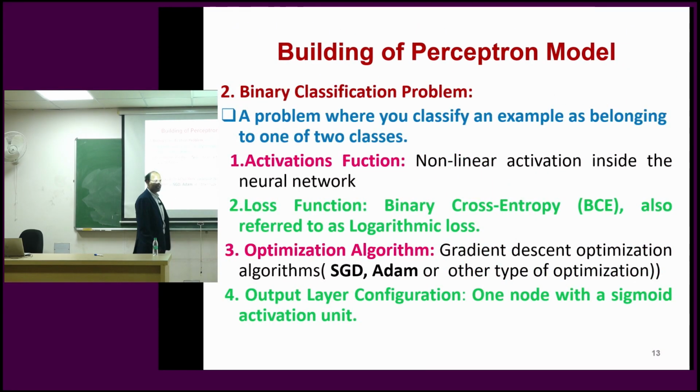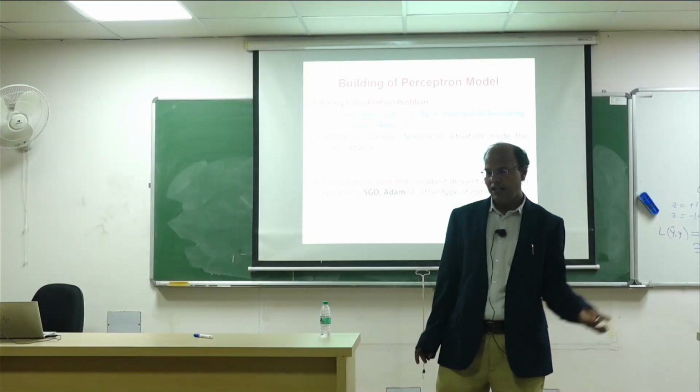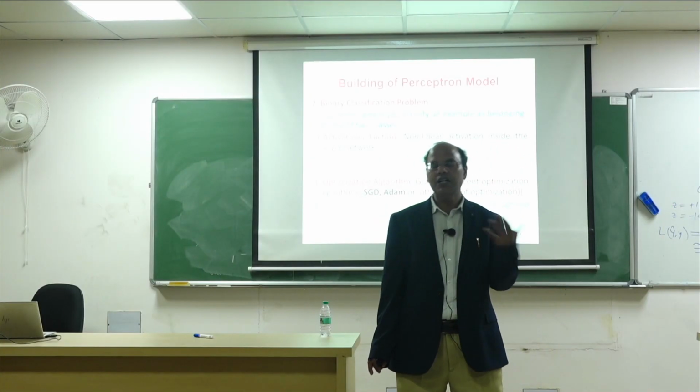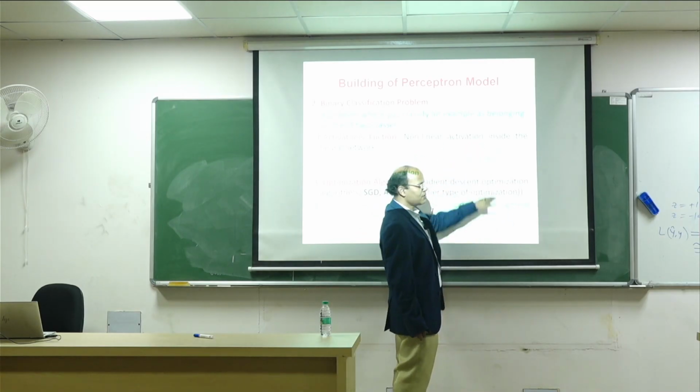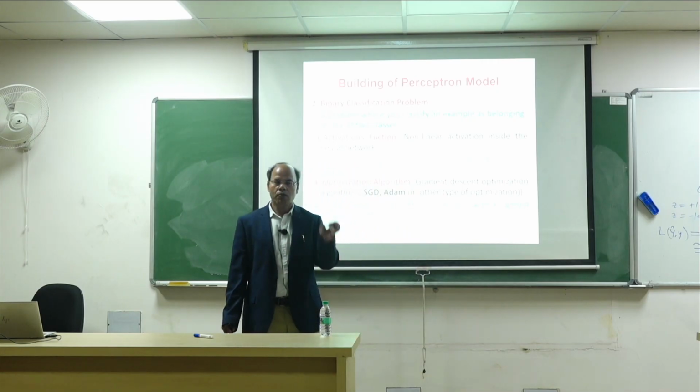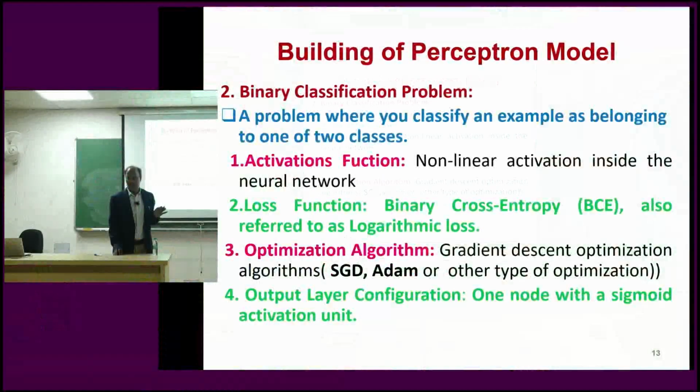So in a binary classification task, you need to use a binary classification loss function, right? There are a lot more loss functions, but you can use binary cross entropy. BCE, that's called binary cross entropy, is the most frequently used loss function for any binary classification task, also known as logarithmic loss.